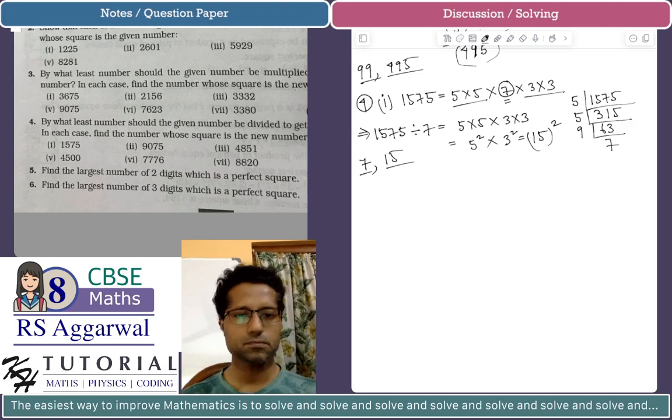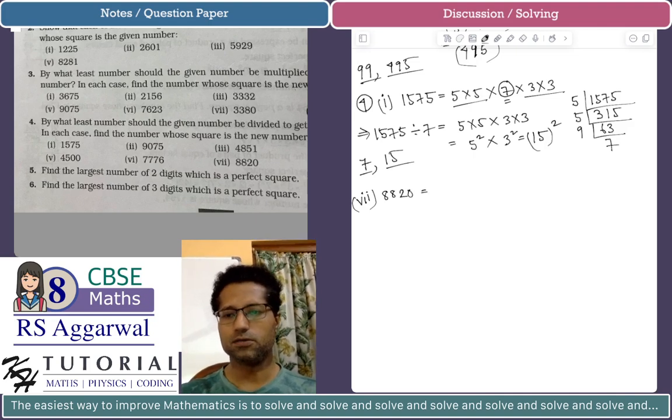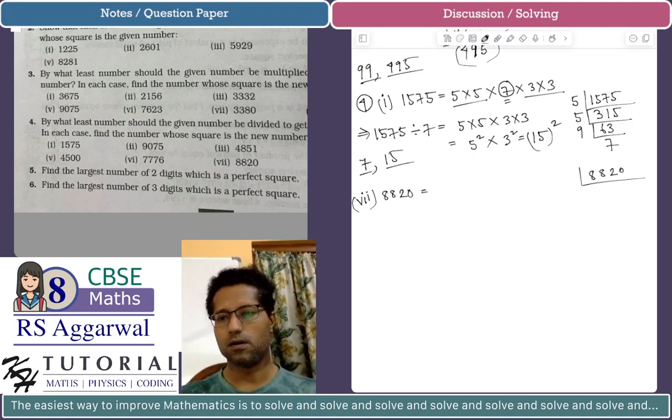Okay, let's do part 7, which is 8820. Let's find the prime factorization of 8820. Let's divide by 2, so 4410.